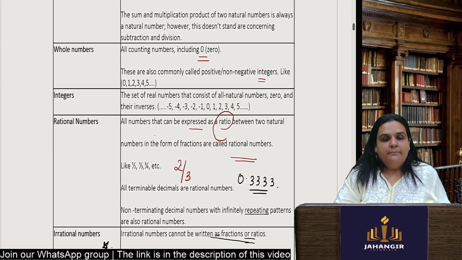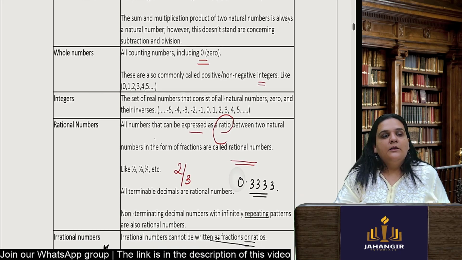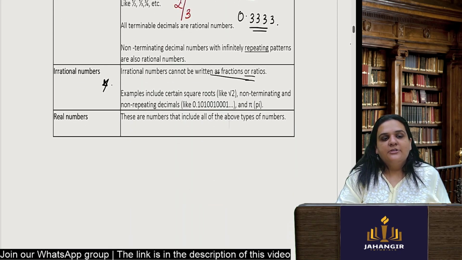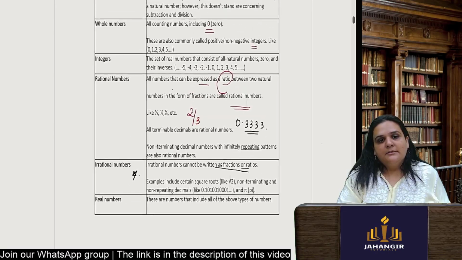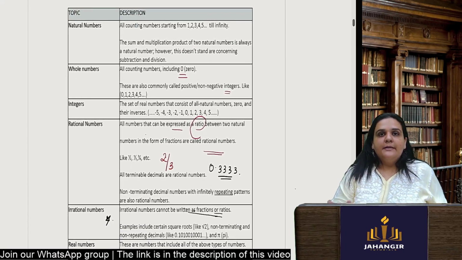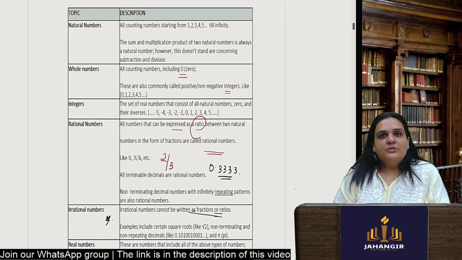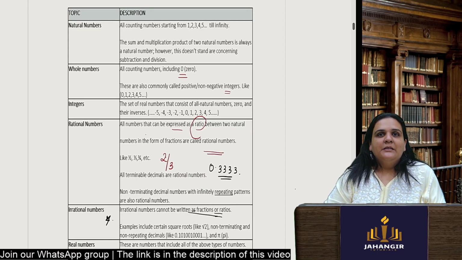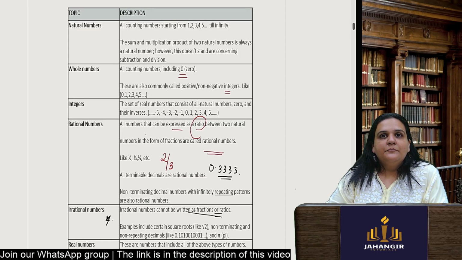All these numbers: natural, whole, integers, rational, irrational, and real numbers. This is what we completed in this first part. So with this, the first part gets over. Everyone, thank you.